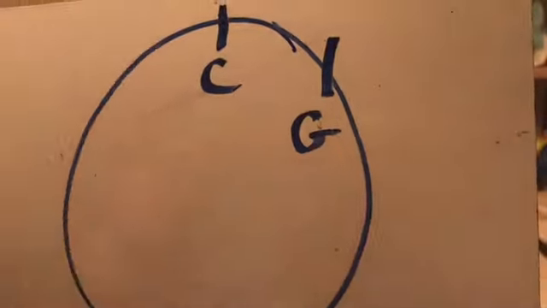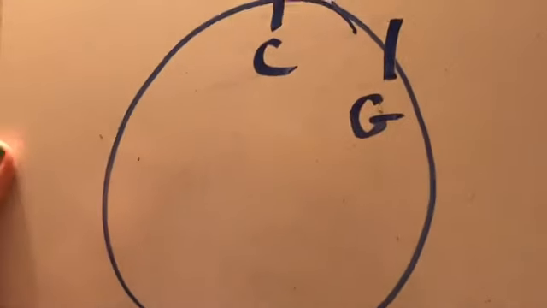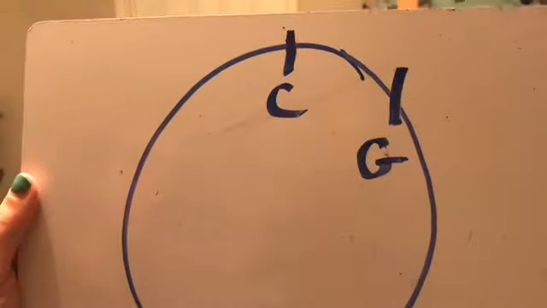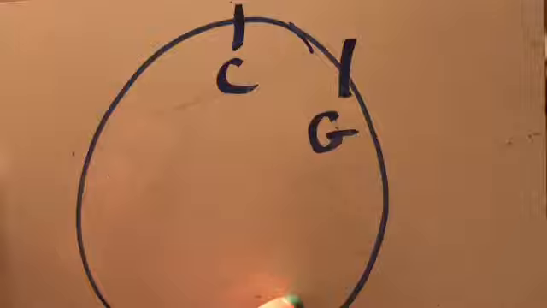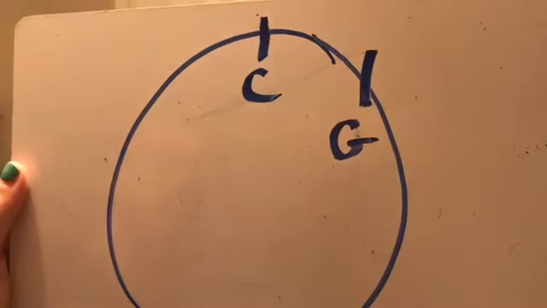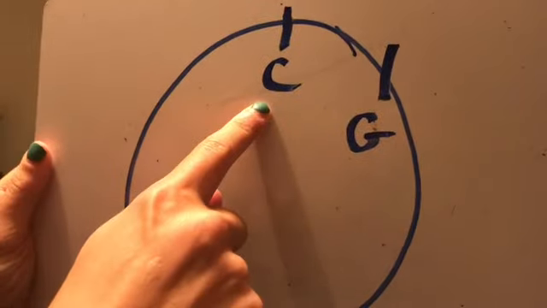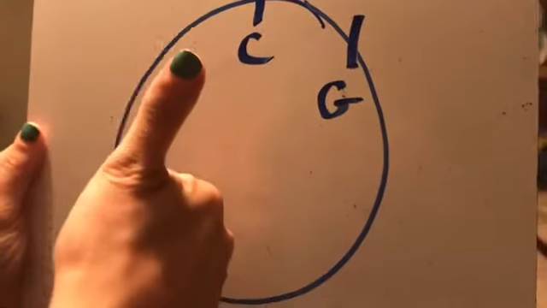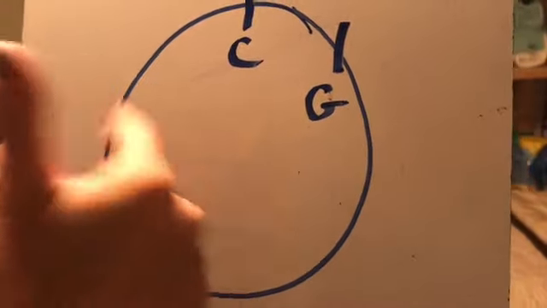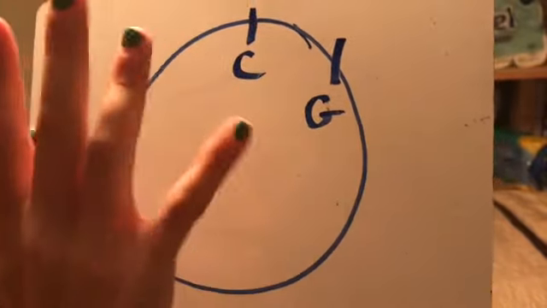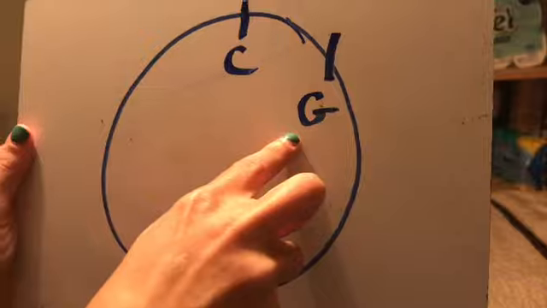So we call this visual a circle of fifths because you are going to go up by a fifth for your next key. So every time you go around the circle, you're going to be going up by a fifth. If I start on the letter C, so we're going to count C as 1, C, D, E, F, G. That's where that letter is coming from.